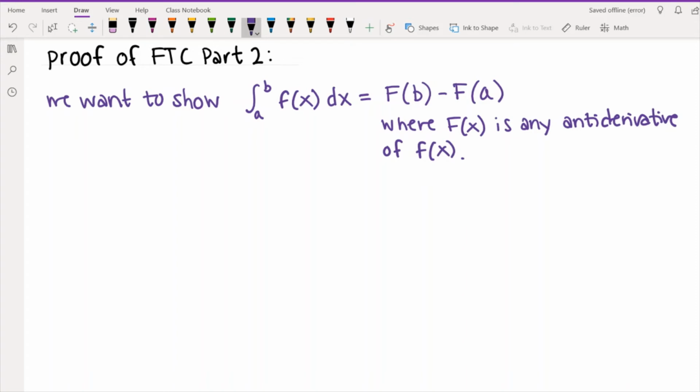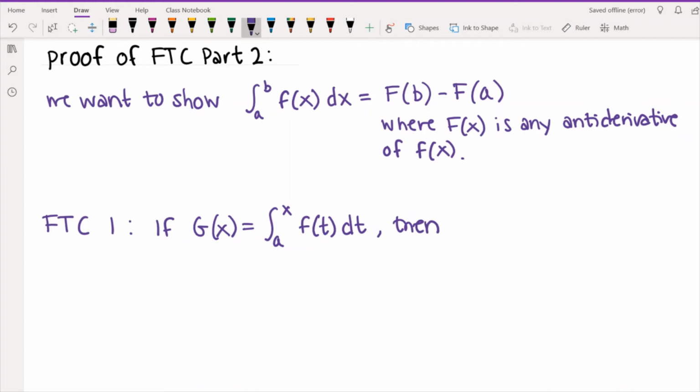And what are we going to go off of? Well, we're going to use FTC 1, like I said. So FTC 1, just to remind you, says that if you have an area function, so I'm going to use capital G in this case, where you're doing the area from some lower number to x of f of t dt, then the derivative of this area function is equal to your integrand.